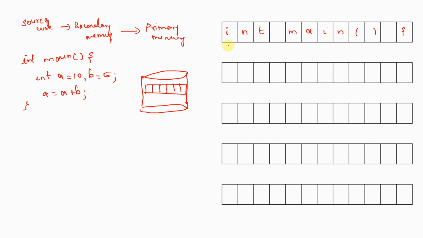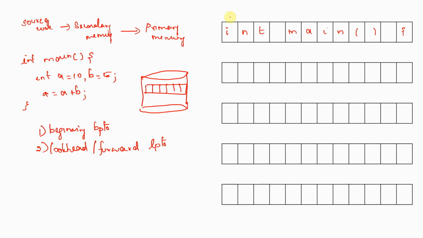If I want to read the characters one by one, basically I have two pointers. The first pointer is called the beginning pointer, and the second pointer is called the lookahead pointer, or the forward pointer.